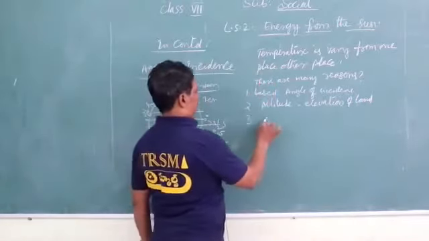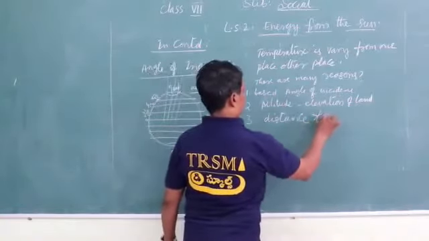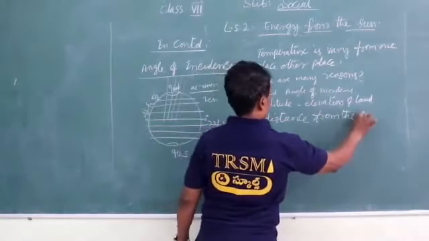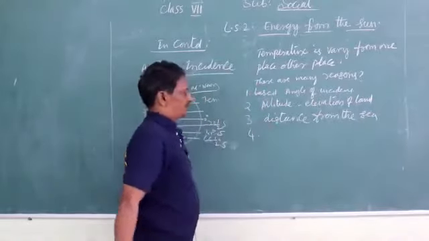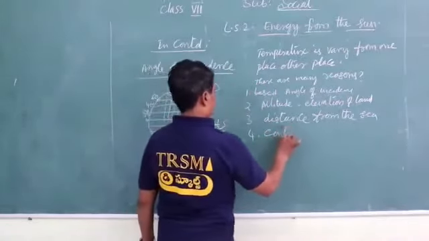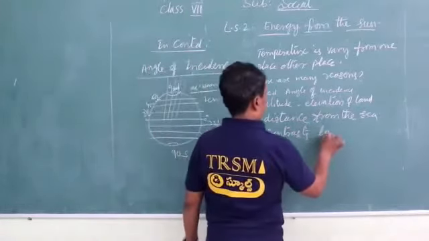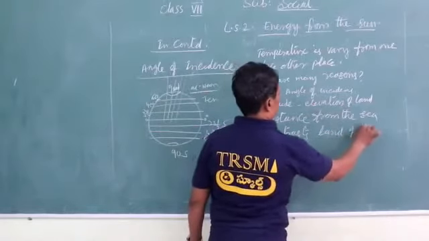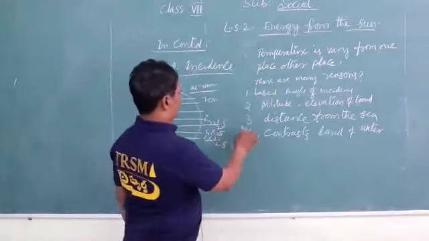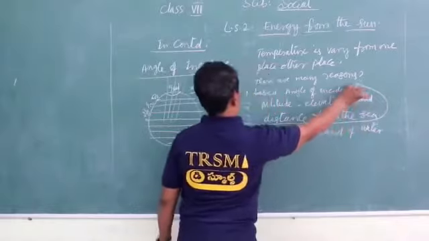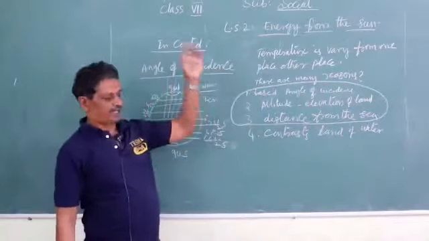Third one is distance from the sea. And fourth one, contrast of land and water. Okay, so these are all the reasons. 1, 2, 3. Okay, temperature varies.